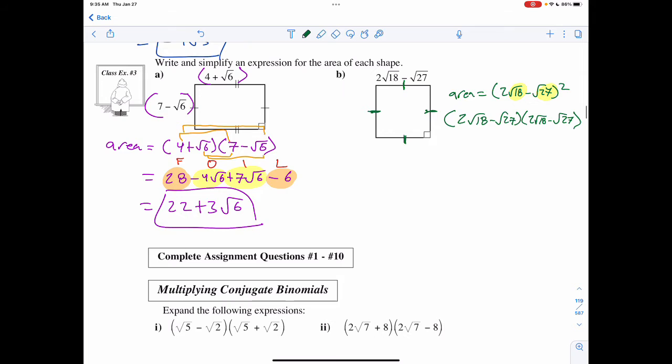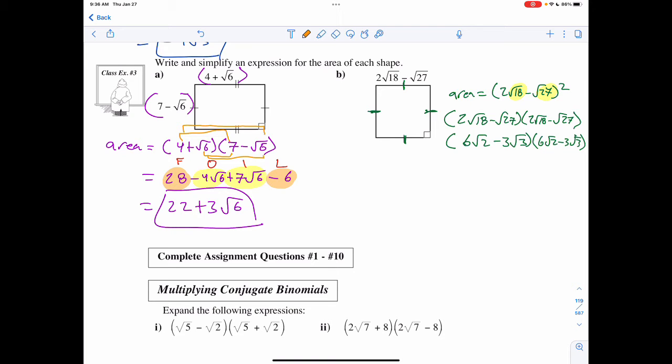So if I have 2 root 18, I'm going to simplify 2 root 18 to 6 root 2. I'm going to simplify the square root of 27 to 3 root 3. And then I'm dealing with much smaller numbers.